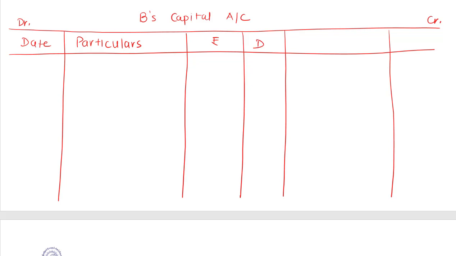January 1st, by bank account, the introduction of capital 20,000.